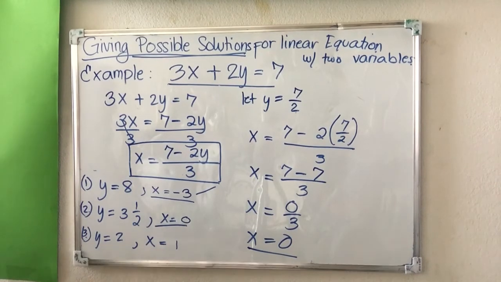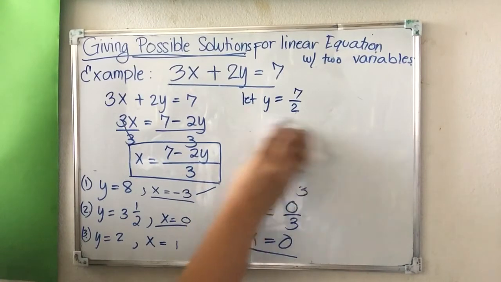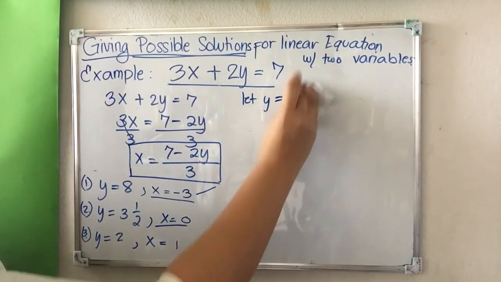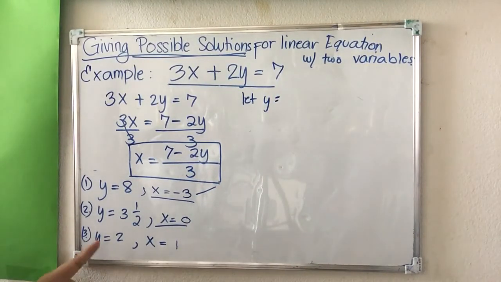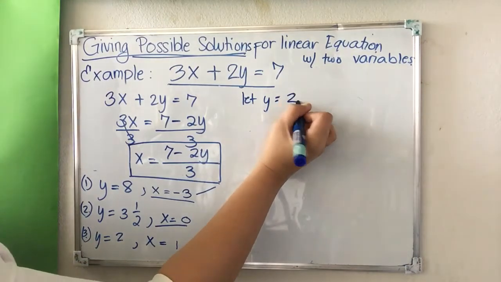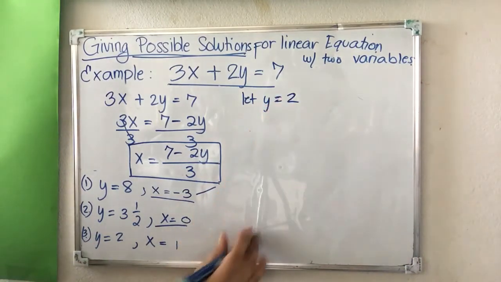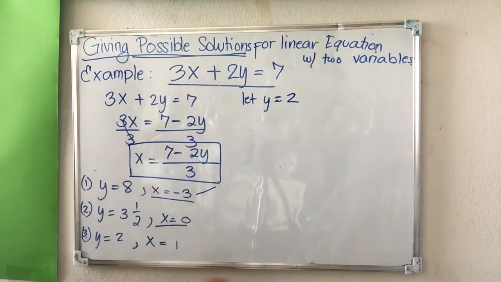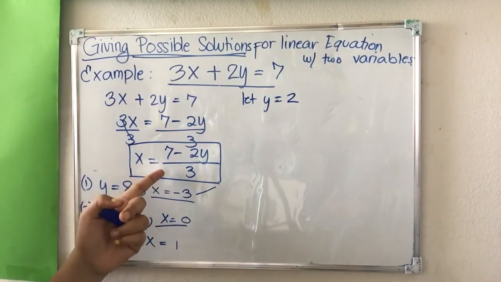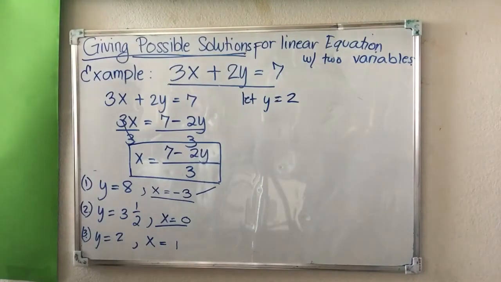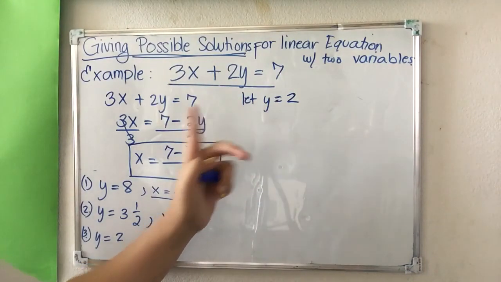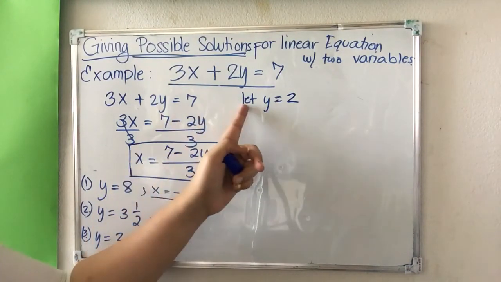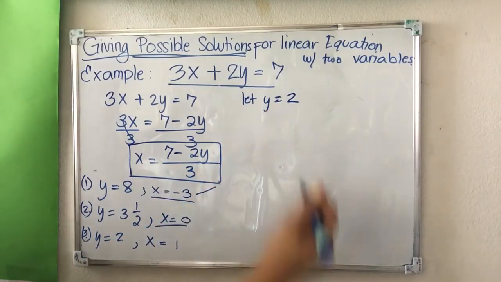Next equation. Now let's check if y is equal to 2. We find the value of our x. Let's see if it is x is equal to 1. So let's simplify. Find the value of x if y is equal to 2.